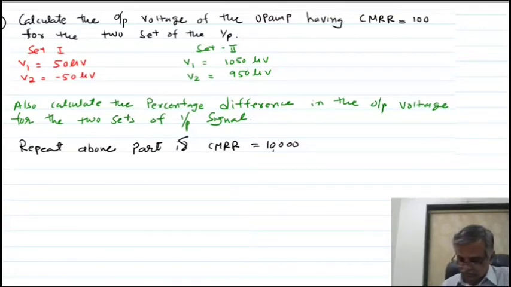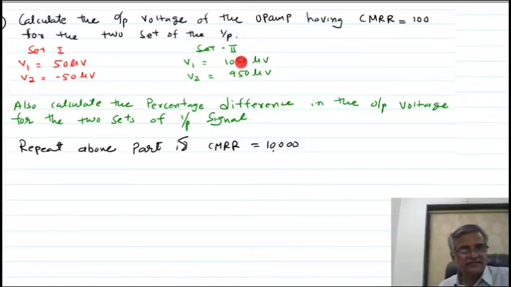So, let us see the question. Calculate the output voltage of the op-amp having a CMRR of 100. For these two sets of input voltage, you are given the input voltage V1 and V2 as 50 microvolt and minus 50 microvolt. Calculate the output voltage.